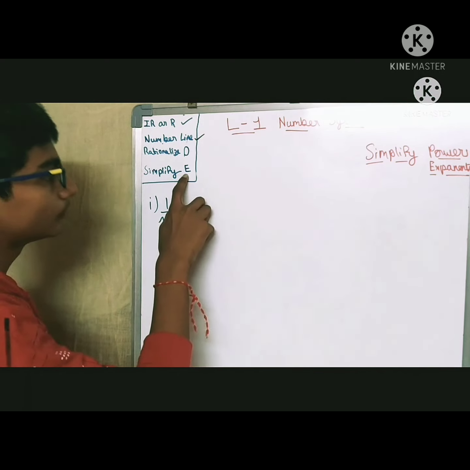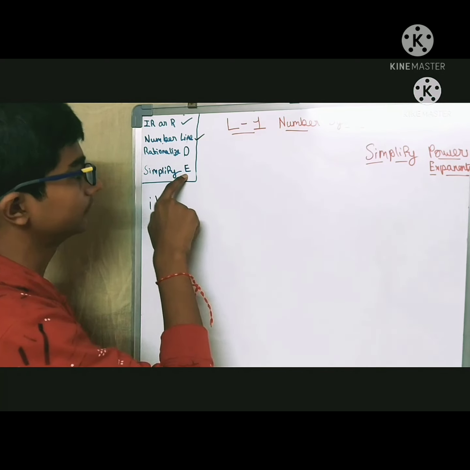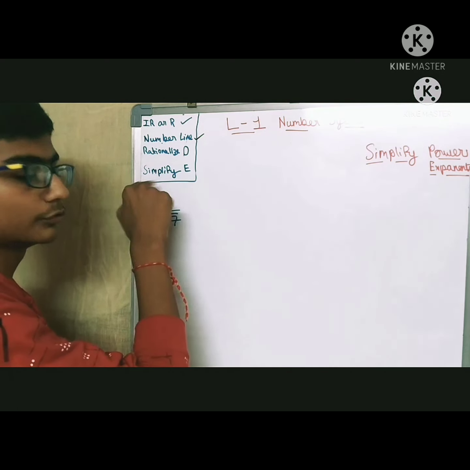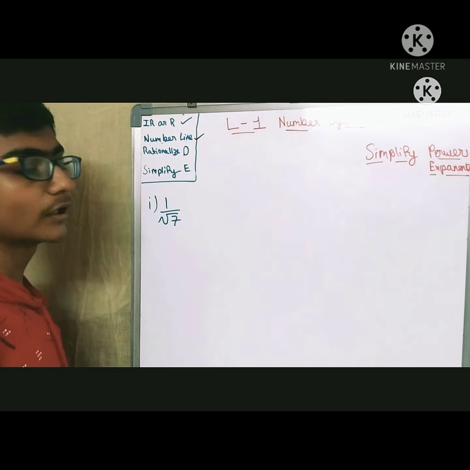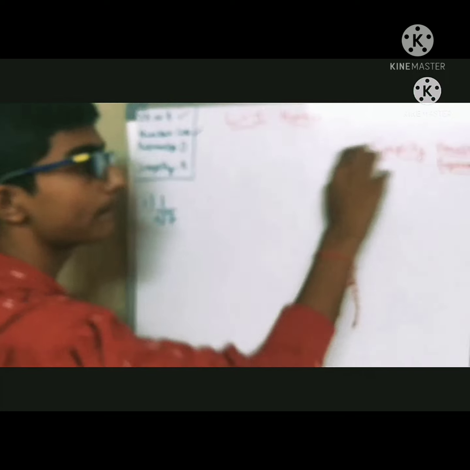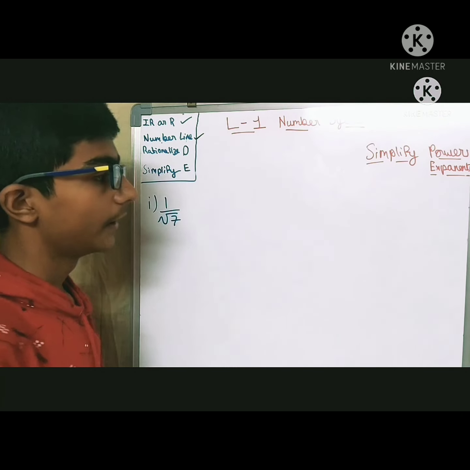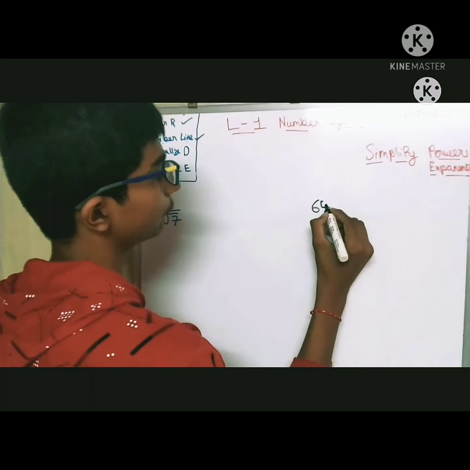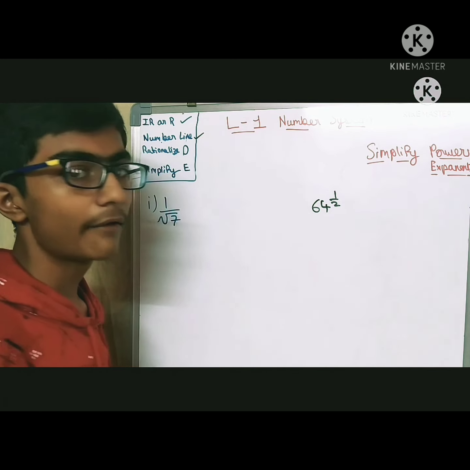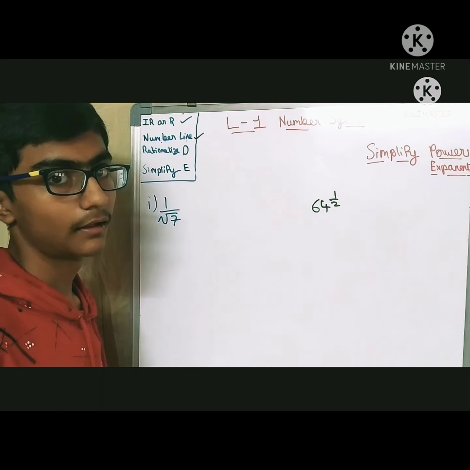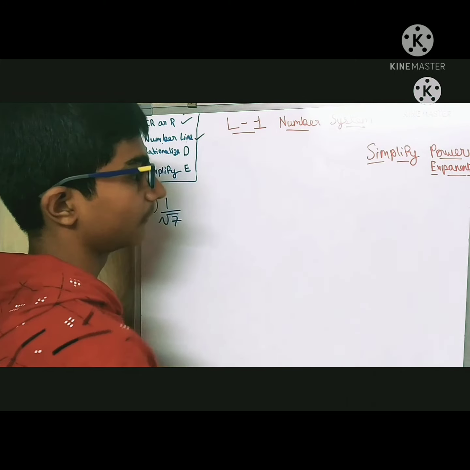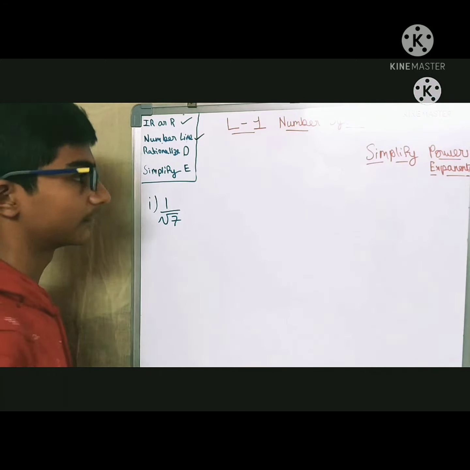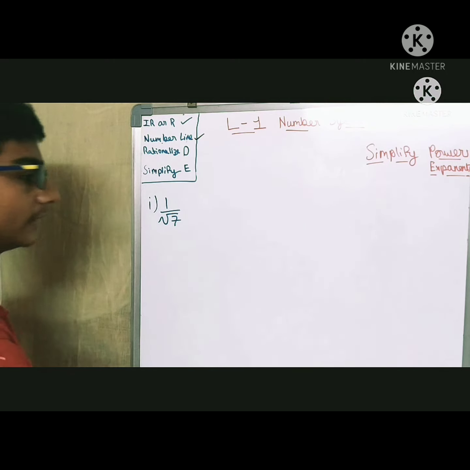Now, how to simplify an expression, I will show you here, and we will study that. But another important point is how to simplify power and exponents. If you are given 64 to the power 1 upon 2 in the exam, how are you going to simplify it? That we are going to study in this video itself. But first let's cover this one topic, then we are going to start with that.